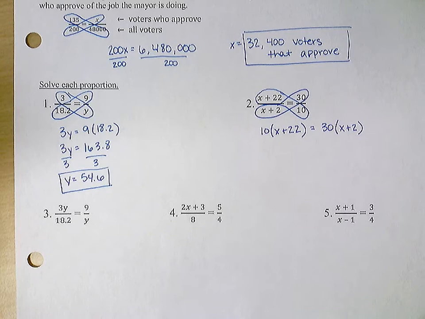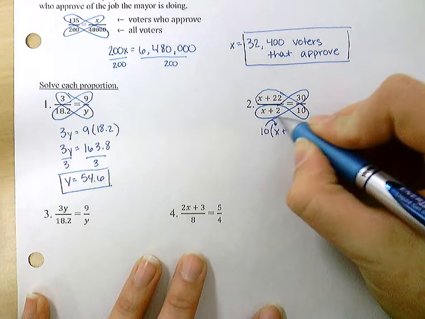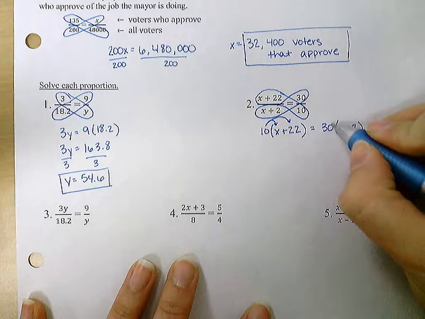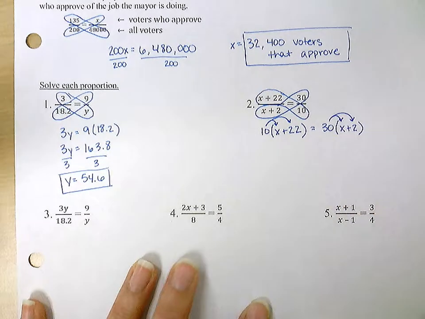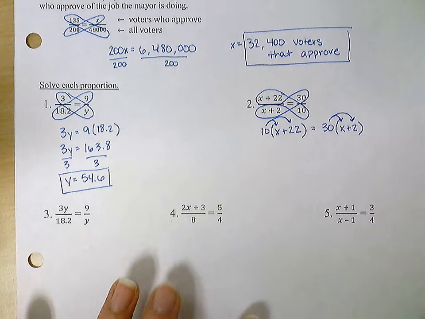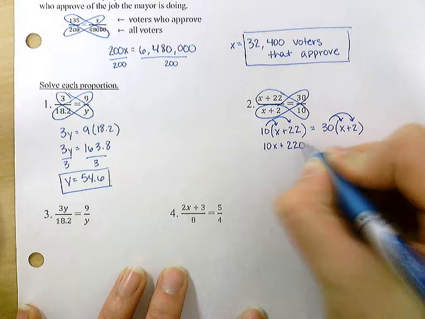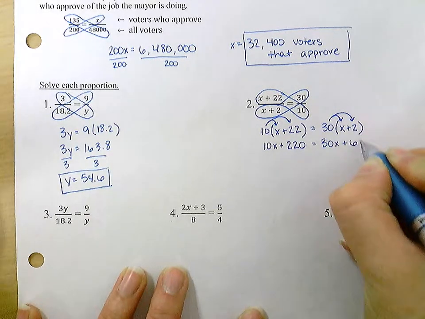Okay? From here, you need to distribute. Okay, so I'm going to multiply that 10 to that x and to that 22. Same thing with this 30. Multiply to the x and to that 2. So we have 10x plus 220 is equal to 30x plus 60.